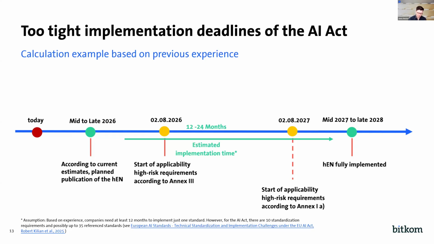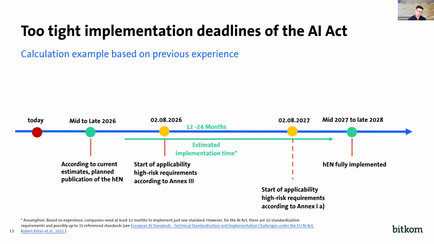And maybe to also make this clear, why are the harmonized European standards so important? Because in theory, you can just implement the high-risk requirements without them. However, practically, only the harmonized European standards really provide you the legal certainty that what you do to comply with the law is actually sufficient.